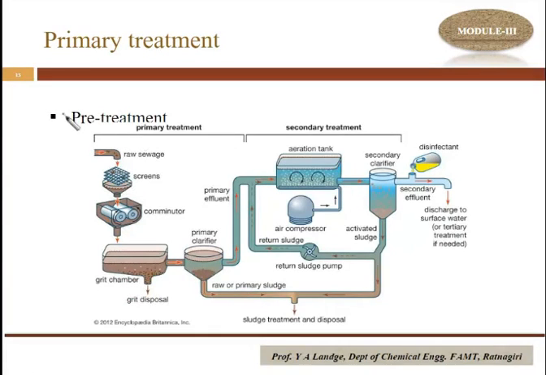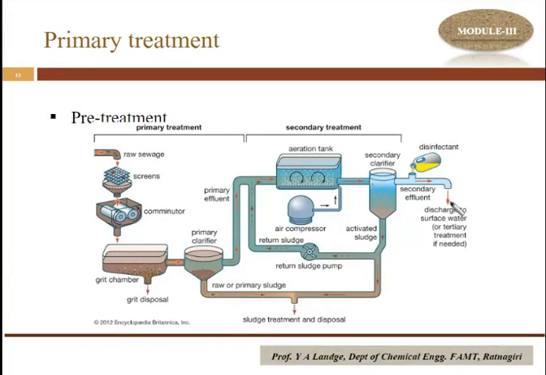The influent comes from here, gets the primary treatment, is sent to the secondary treatment, and then sent to the tertiary treatment if required. If it is for gardening or irrigation, then we can use it directly if there is no harmful material in it.